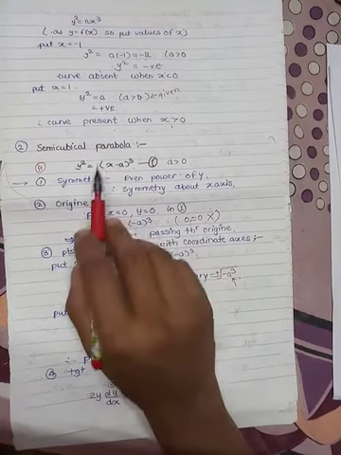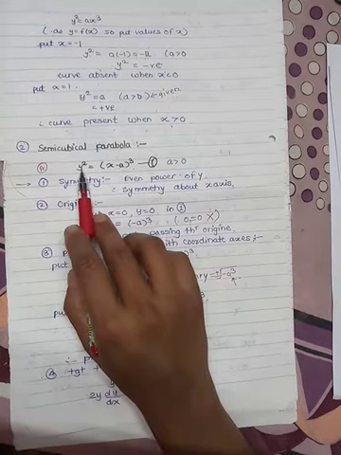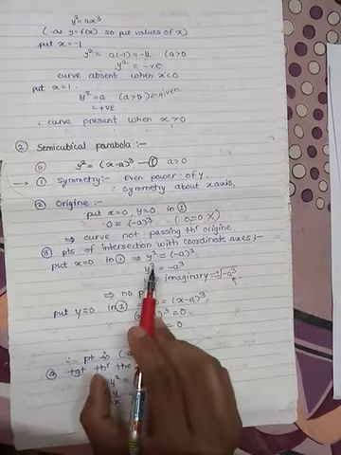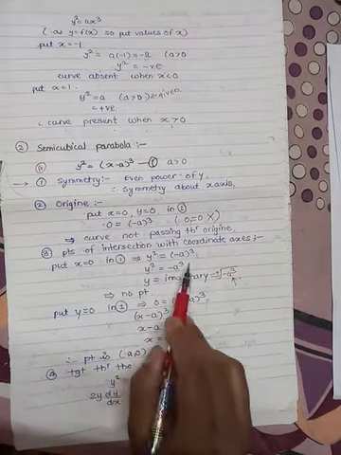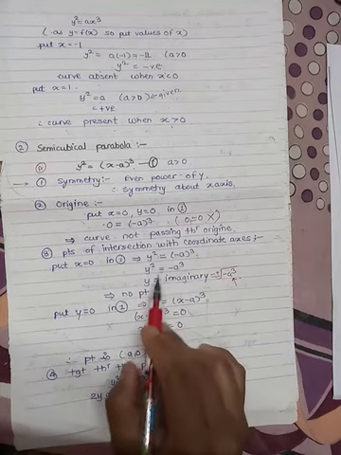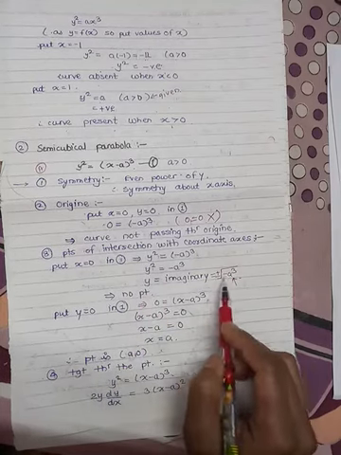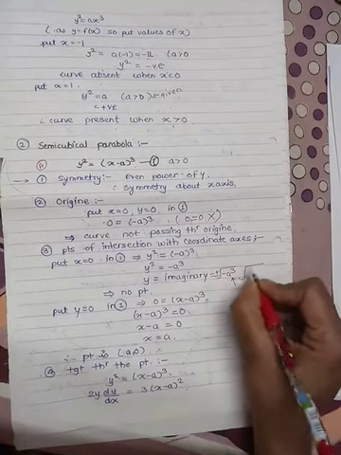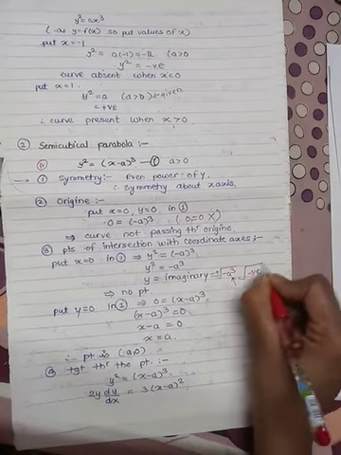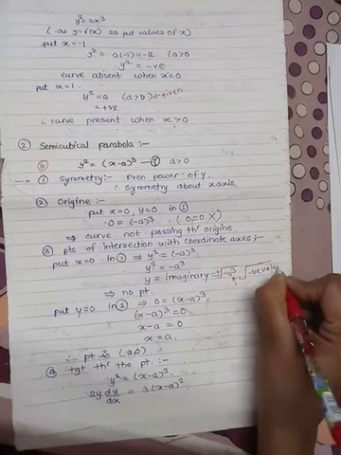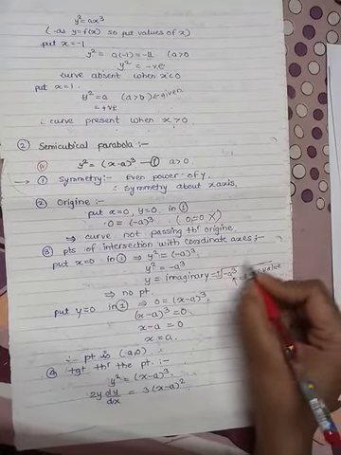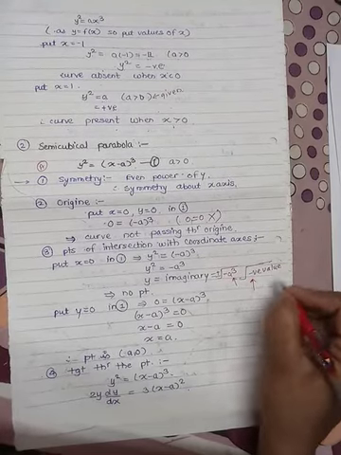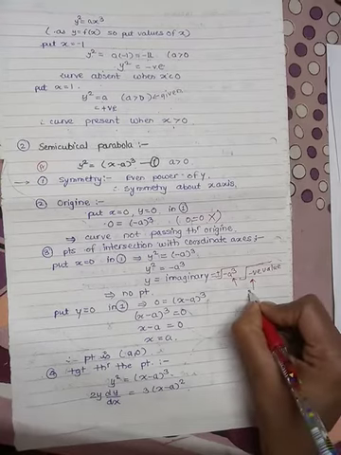For that put x equal to 0 here, find the value of y. So put x equal to 0, y square equal to minus a cube. Take the square root on both sides, y equal to plus minus square root of minus a cube. If there is a negative value in the square root, that kind of value is called imaginary value.